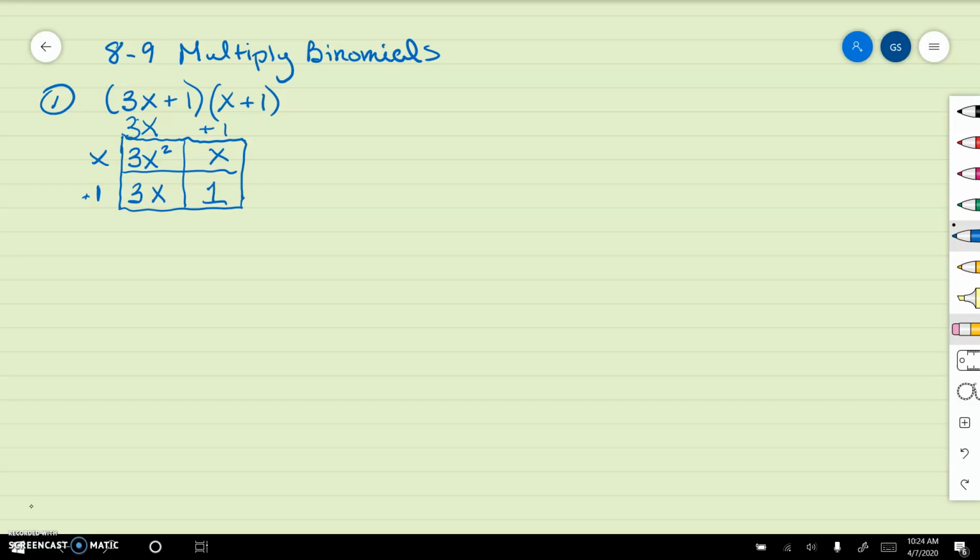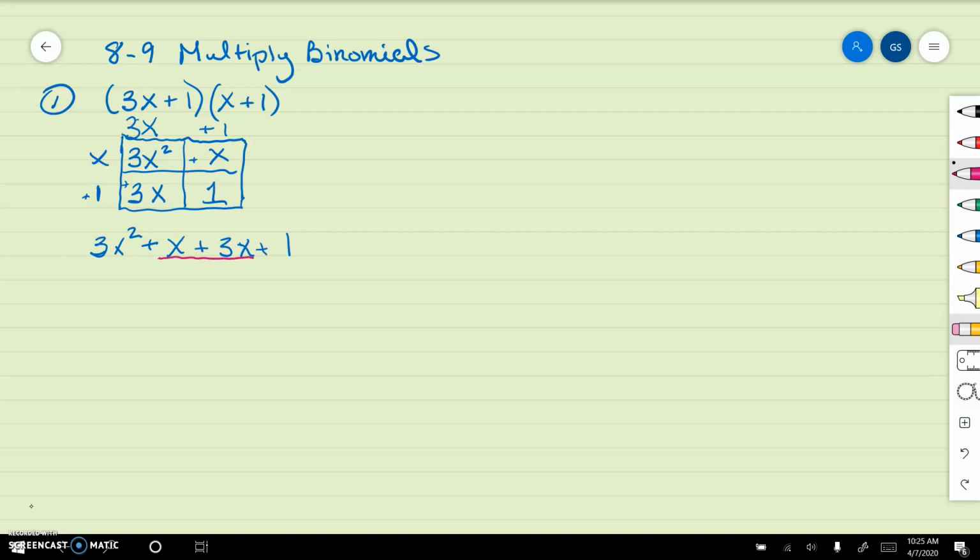Now we take everything out of the box. 3x squared. This is a positive and this is a positive, so we write plus x plus 3x plus 1. Lots of pluses. Now we're going to combine like terms to simplify this expression.